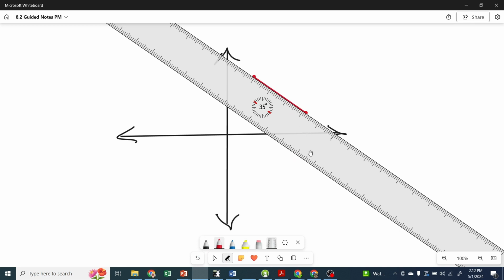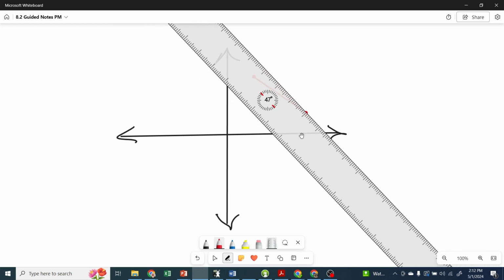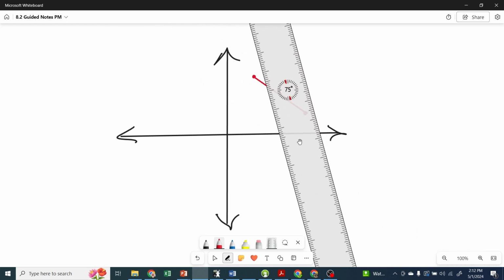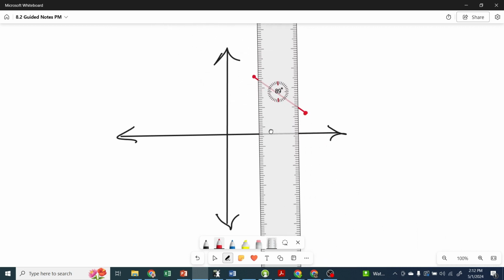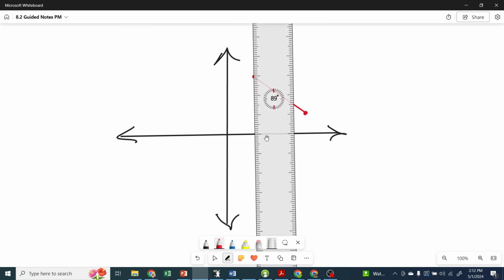So this would be the line we'd be looking for, this distance from here to here. The other thing we can do, though, is I can take a line and drop it down here, right, and create a right triangle.